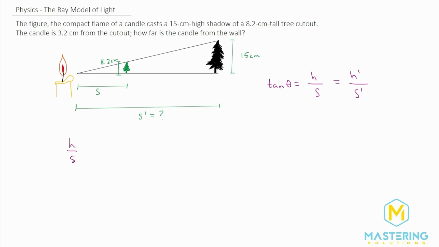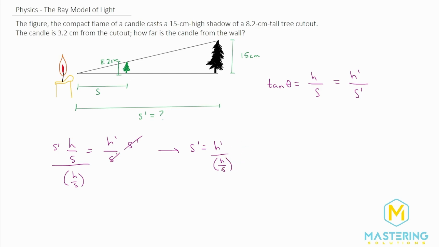So h over s is equal to h prime over s prime. Now we're trying to solve for s prime, our image distance. So we multiply both sides of the equation by s prime, and then divide both sides by h over s. If we rewrite that, we have s prime is equal to h prime divided by h over s.